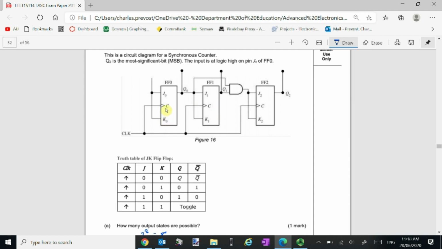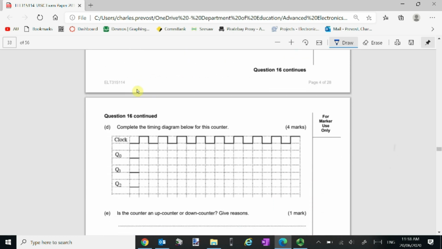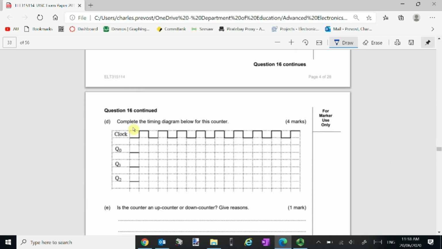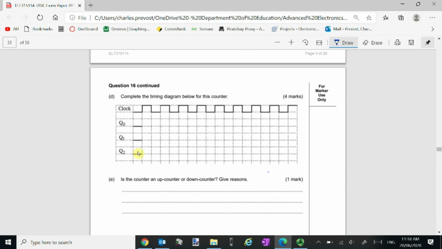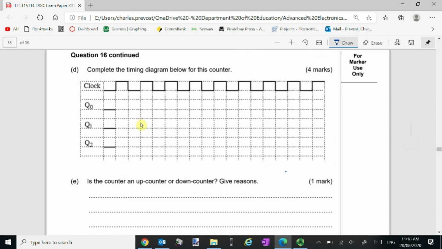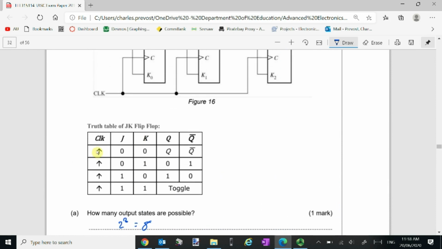Flip-flop 0 will change on the first pulse of the signal, since the input is connected to that. Firstly we need to check, is it a positive going edge? Yes, you can see we've got a positive going edge from the truth diagram.